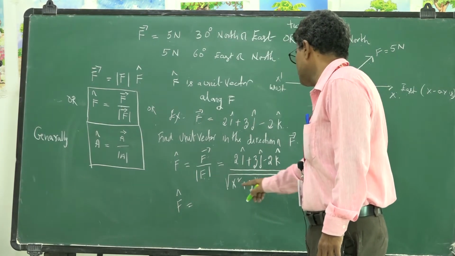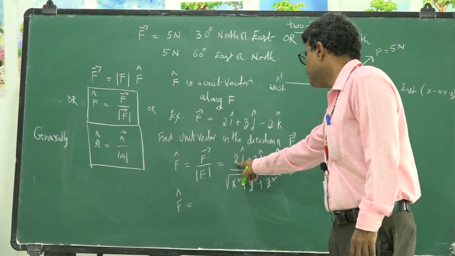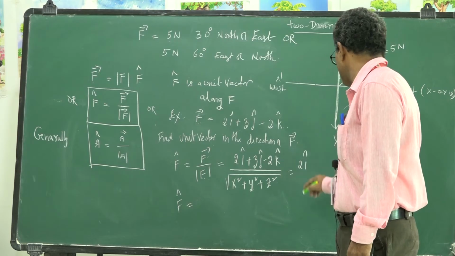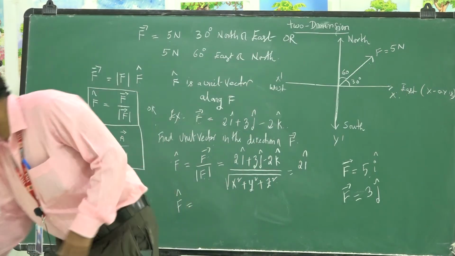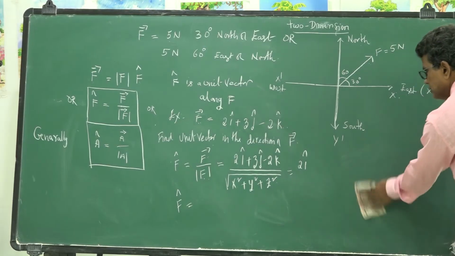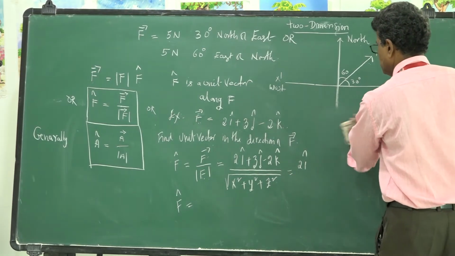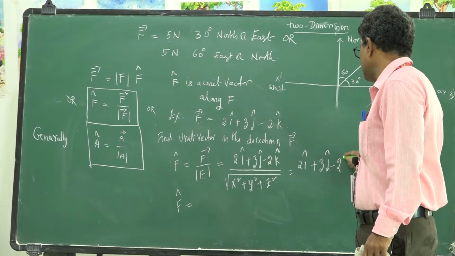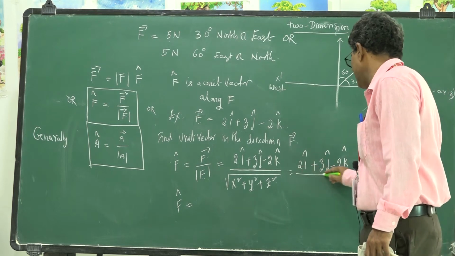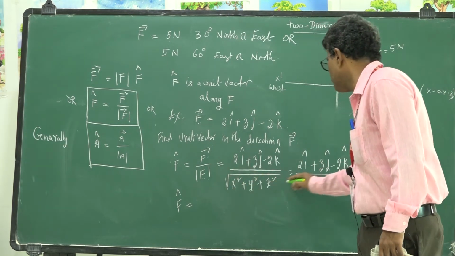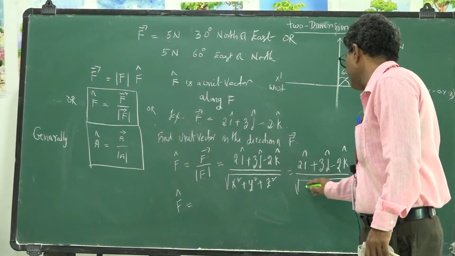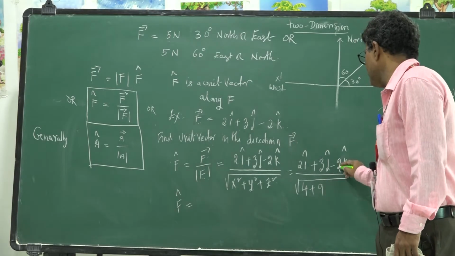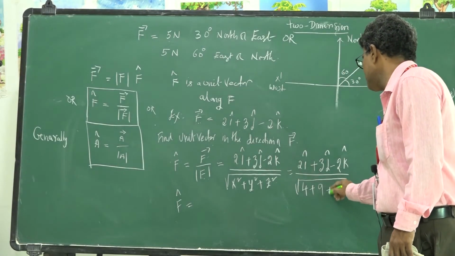So F cap is equal to 2 i cap plus 3 j cap minus 2 k cap divided by the square root of x square, where x is 2, 2 square is 4, plus 3 square is 9, plus minus 2 square is 4.